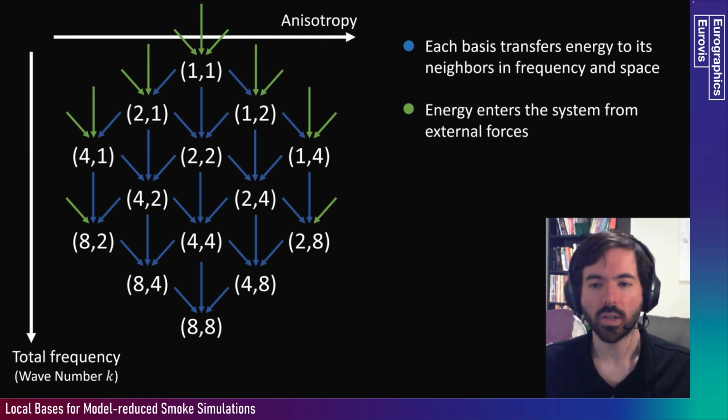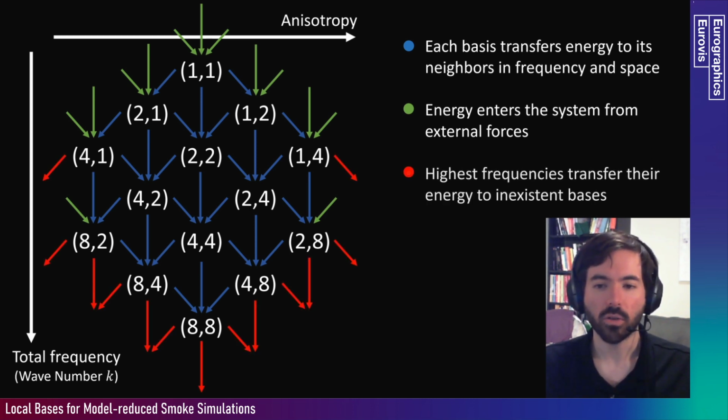Energy can also enter the system from external forces, like from initial conditions, or from buoyancy forces generated by the smoke particles, for instance. And energy can also be dissipated at the finest levels by just removing energy from the system instead of transferring it to other basis elements. And we use this energy transfer scheme in a way that approximates the energy cascade of real fluids, so that the behavior of this energy transfer is as realistic as possible.